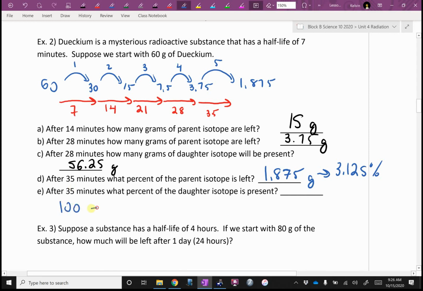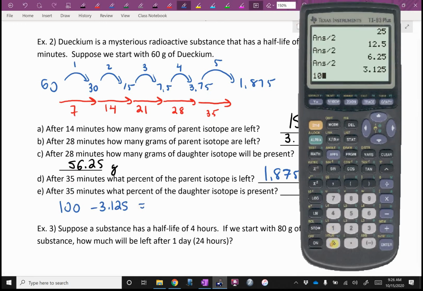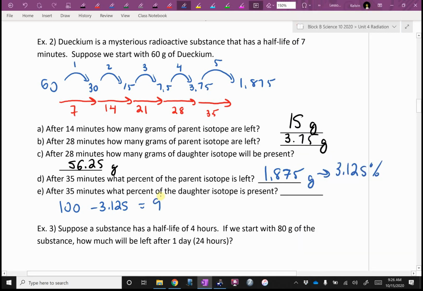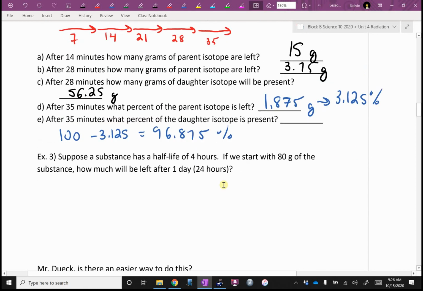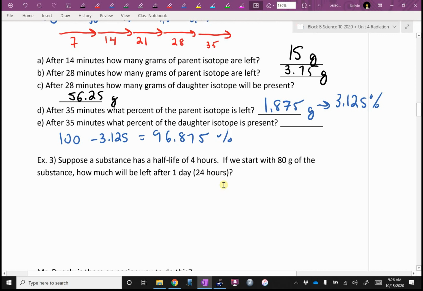Well, if I started with 100% and 3.125% is the parent, 100% minus 3.125% gives us 96.875% has turned into the daughter.